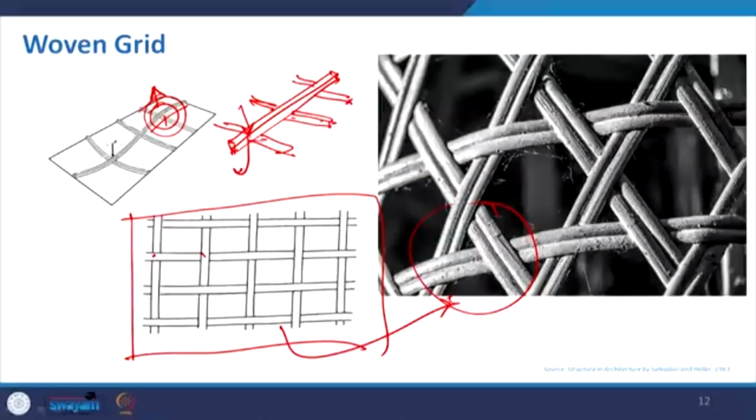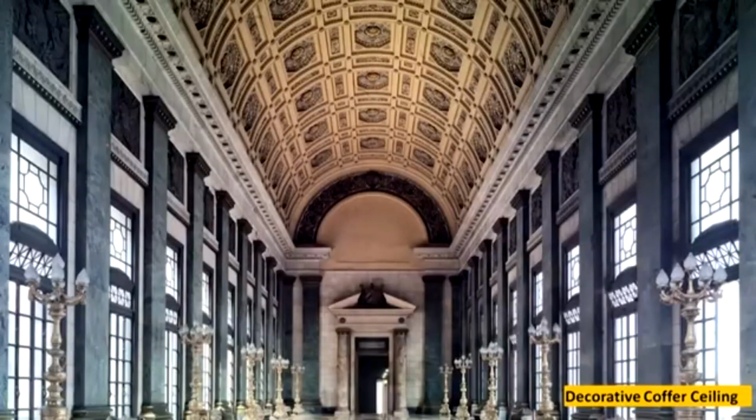Now, let us go through some of the images where this waffle slab or coffer slab is being used, sometimes for structural purpose, sometimes also for ornamentation along with the structure, especially in the period of Roman architecture and then Gothic and Byzantine.